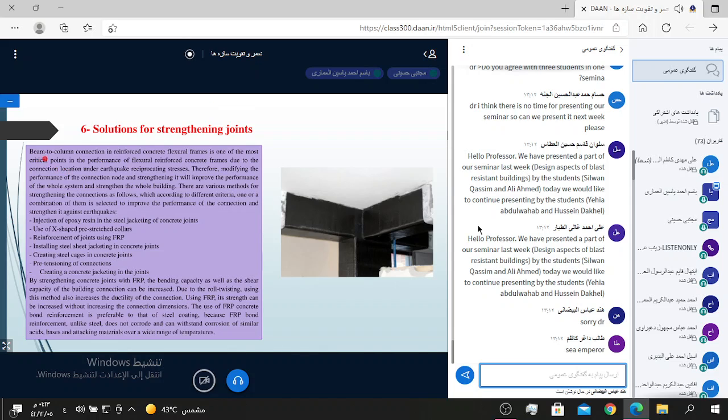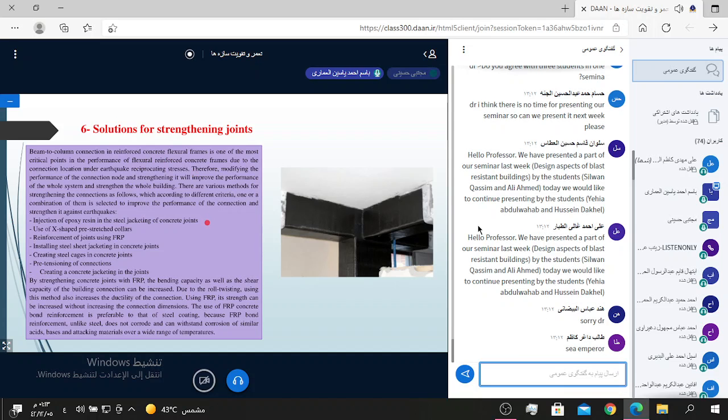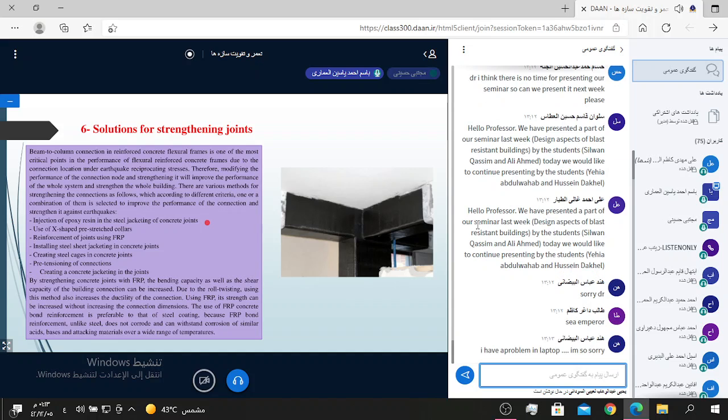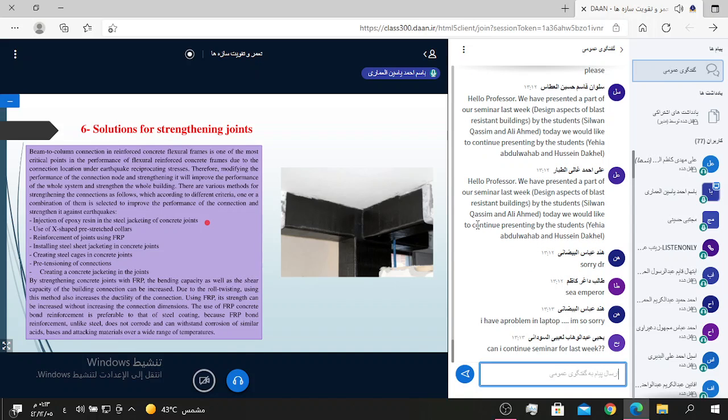Beam to column connection in reinforced concrete flexural frames is one of the most critical points in the performance of flexural reinforced concrete frames. Due to the connection location under earthquakes, it experiences stress.